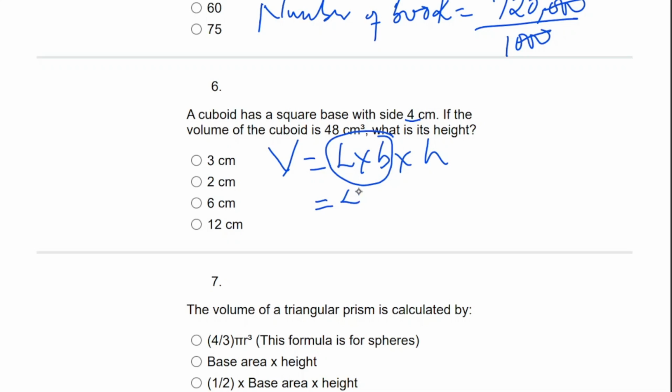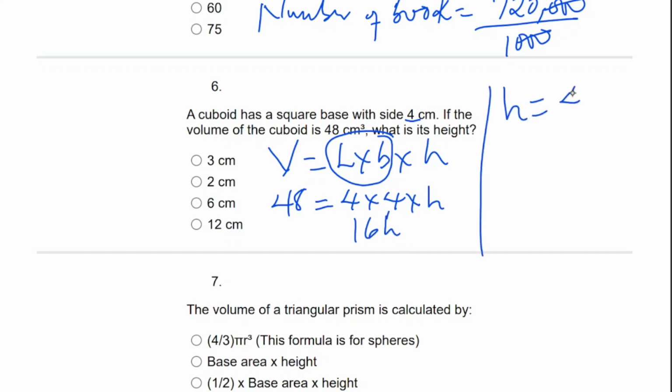So which means this will be 4 times 4 times height. I hope I'm making sense. Then the volume here, which is 48, so that means this is 16 times height. So we're going to say h will then be 48 divided by 16. So 48 divided by 16 gives 3. So height equals 3 centimeters, which is this option. I hope I'm making sense.